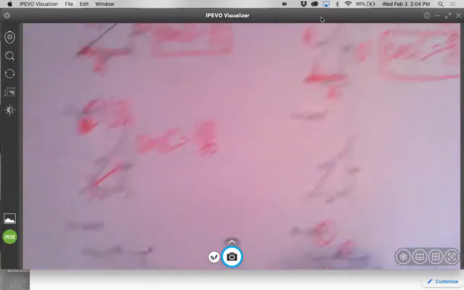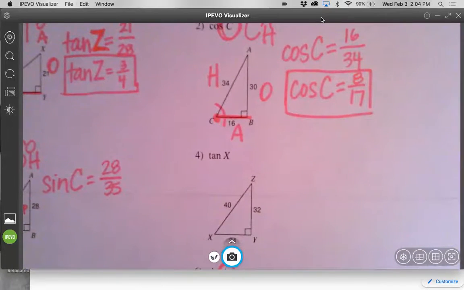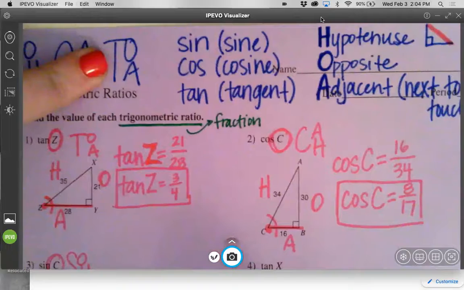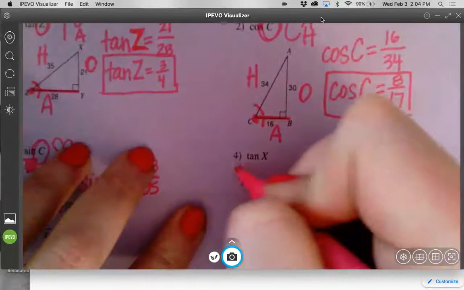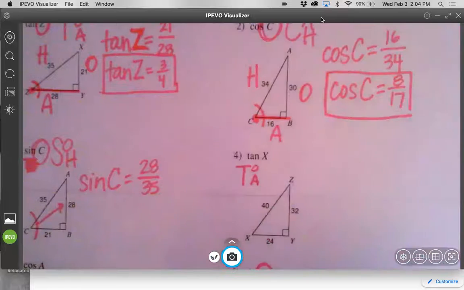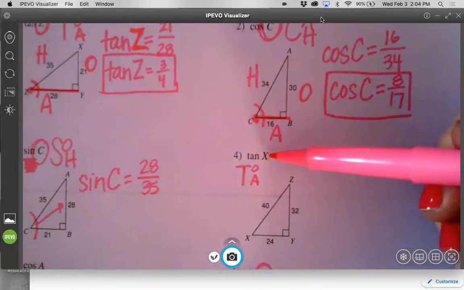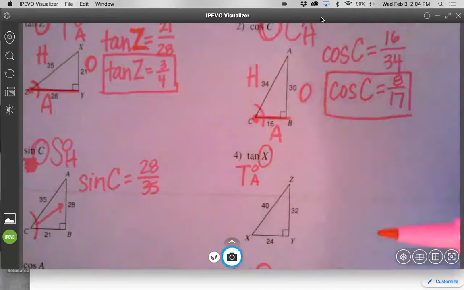So let me walk you through this one with tangent of X a little bit more slowly. So tangent lets us know that we're using TOA up here. SOHCAHTOA. So that is our fraction that we are setting up. This X tells us which angle on the triangle we are using.